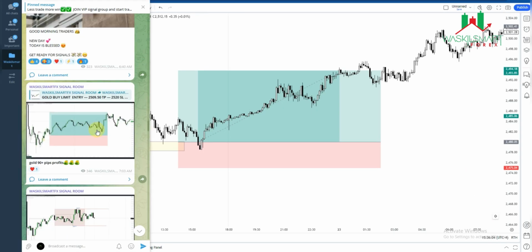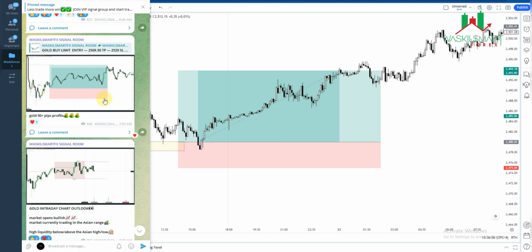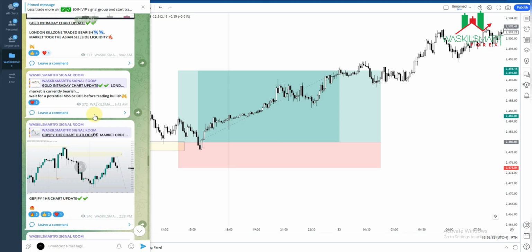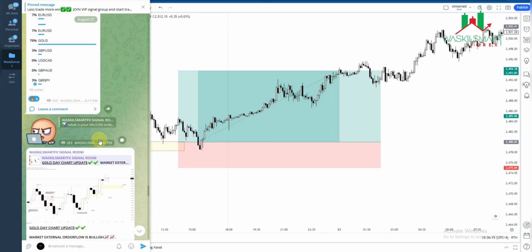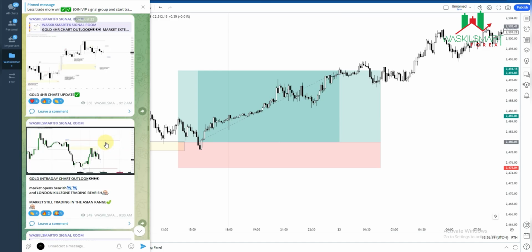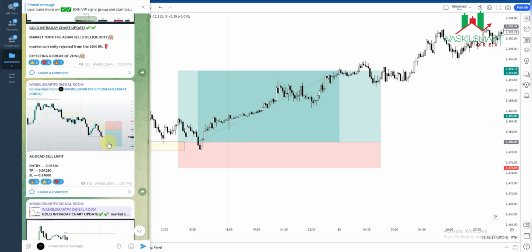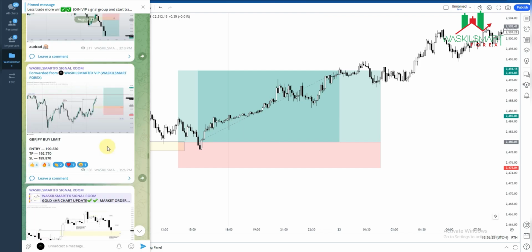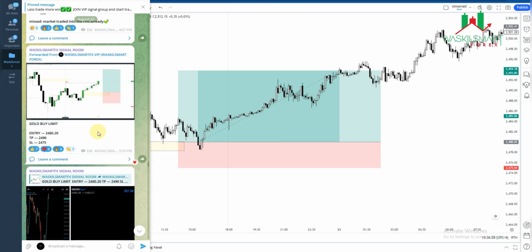Let's go on this whole trade and see it also. Because I took the trade on my Telegram channel. Okay, this is your trade here.